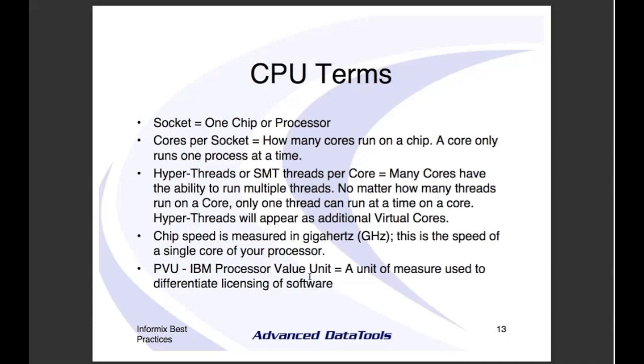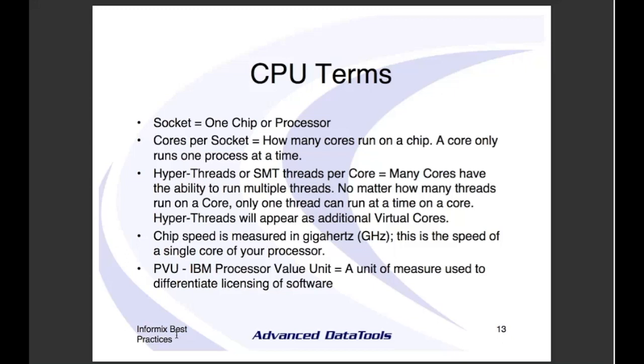So a couple of terms we need to understand. A socket is a computer chip, and each computer chip can have many cores. Babe, which is the machine I'm using here, has 2 sockets, and each socket has 6 cores. And then the newer Intel chips are all hyper-threaded, which means each core can run more than 1 thread.